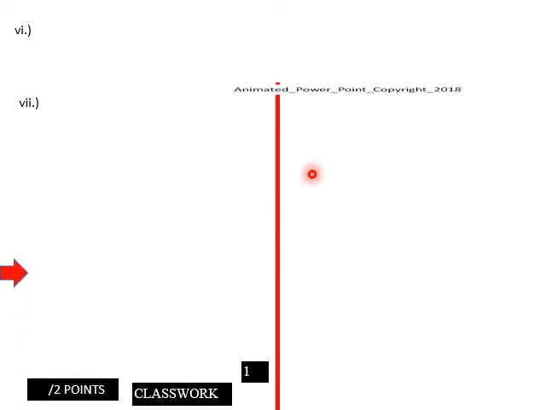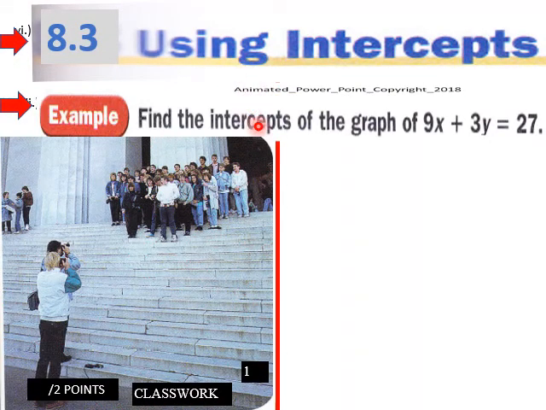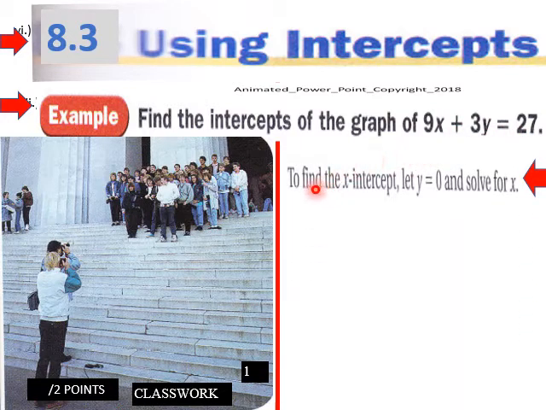Let's go right into today's first example, example 8.3, using intercepts. Find the intercepts of the graph of 9x plus 3y equals 27. To find the x-intercept, let y equal 0 and solve for x.